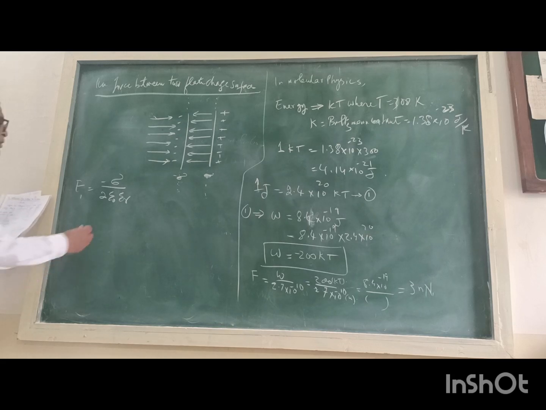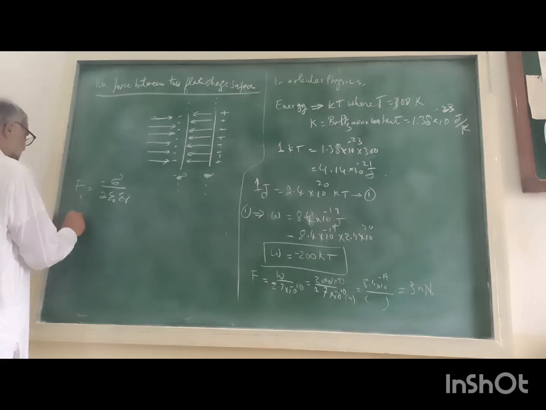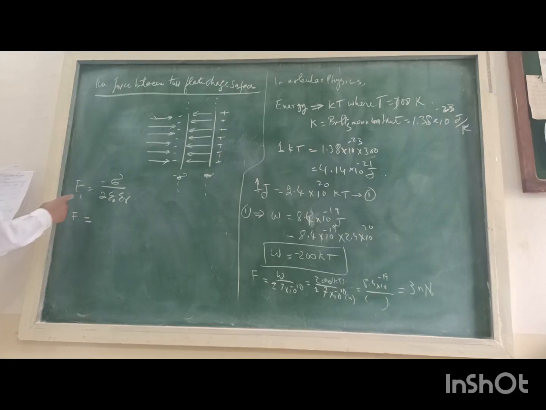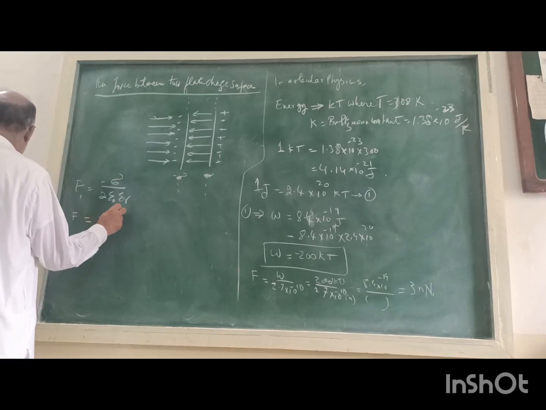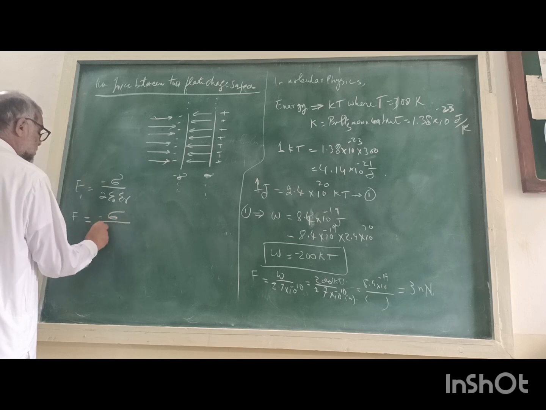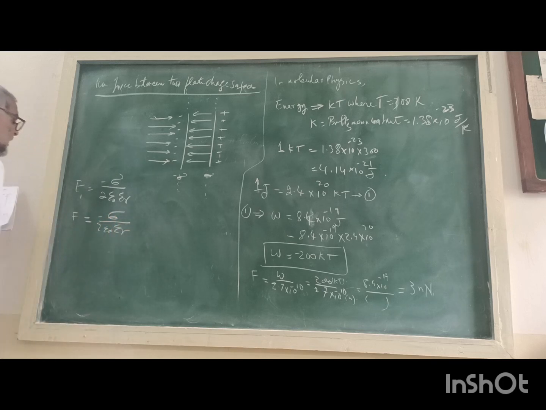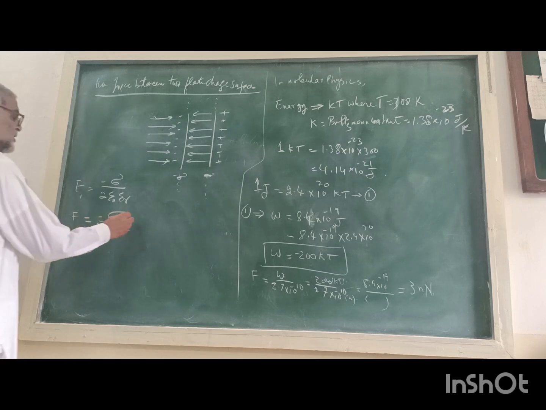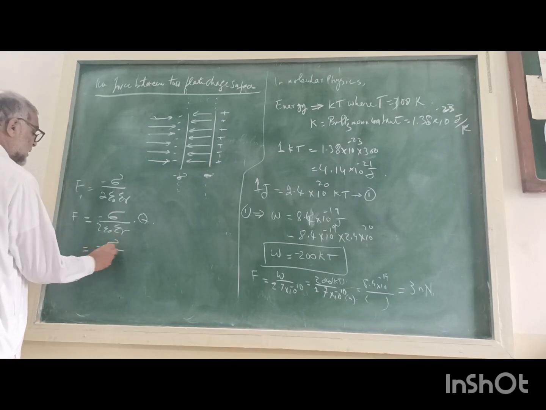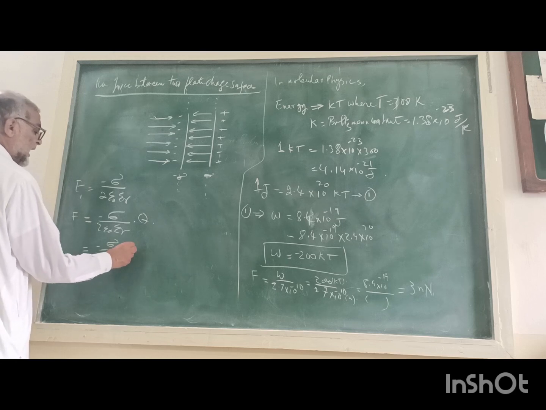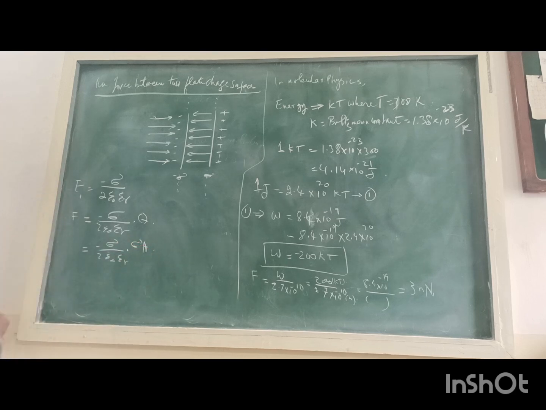And the force F will be this electric field multiplied by the charge q. So it will be minus sigma over 2 epsilon naught epsilon r, multiplied by the charge q, and this charge will be sigma into A, where A is the area of the plate.